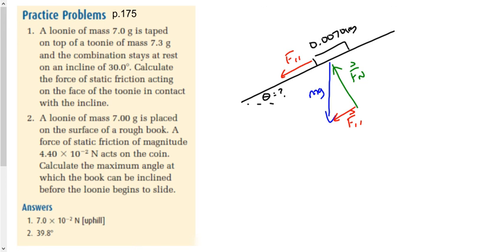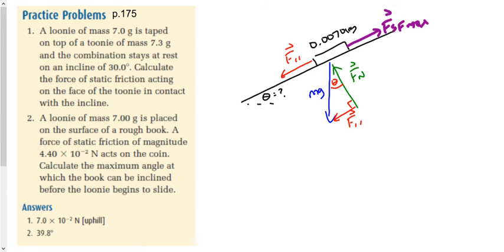like this. This is going to be theta. We don't know what the value is there. We know that that's going to be 90 degrees. We know that we have a force of static friction acting opposite to that. Now, it doesn't actually say this, but it should. It says a force of static friction of magnitude 4.4 times 10 to the negative 2 newtons acts on the coin.